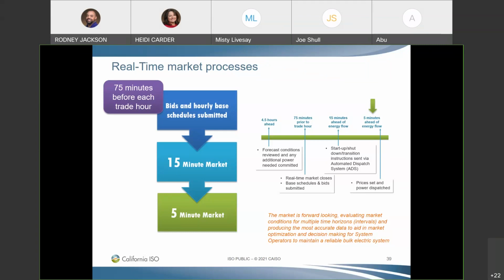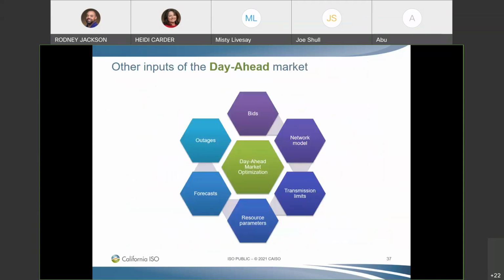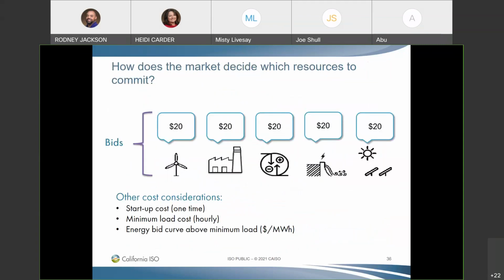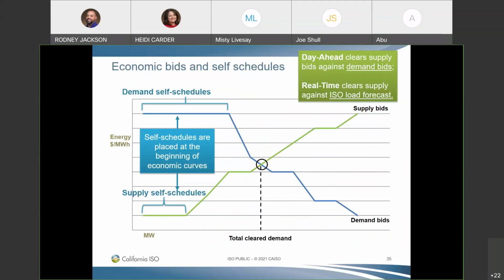So when Rodney was showing you the clearing price earlier, how it's determined, self-schedules are the ones that are entered with megawatt only and no price. So those are set at the front of the economic curve.